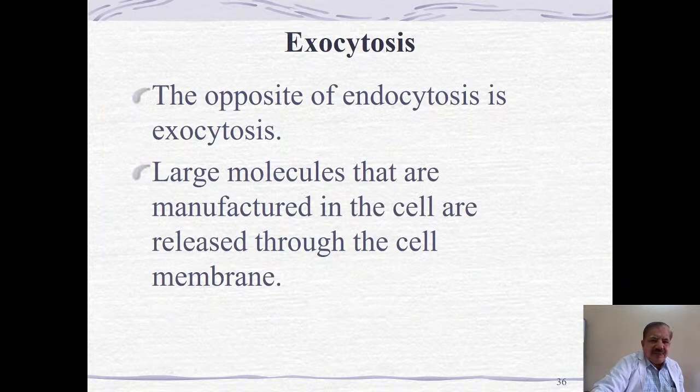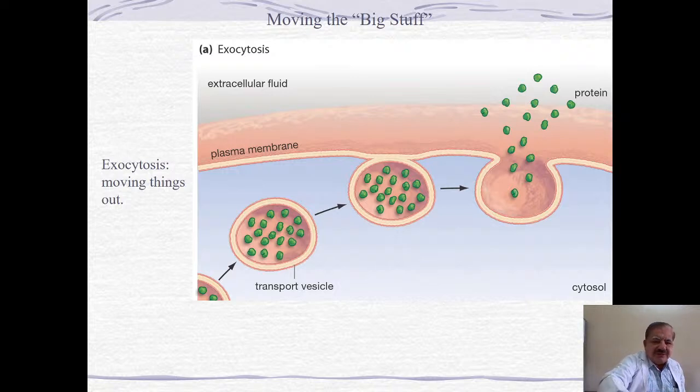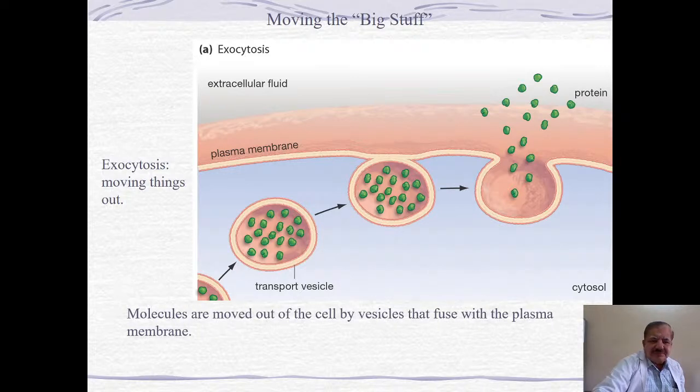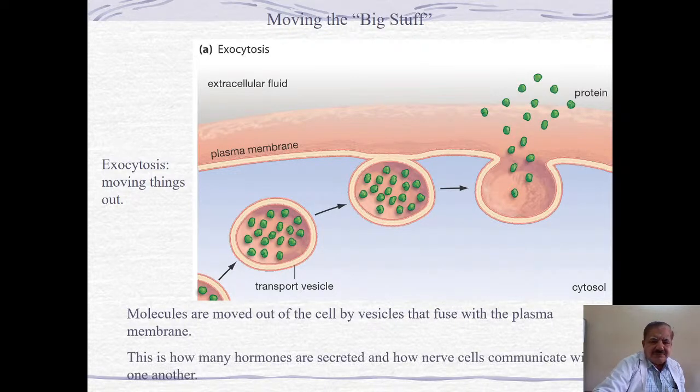Exocytosis is from inside to outside. Materials are manufactured in the cell and released through the cell membrane to the outside. Once the vesicle comes nearer, it releases its contents outside and again unites. They move out of the cell, fusing with the plasma membrane.